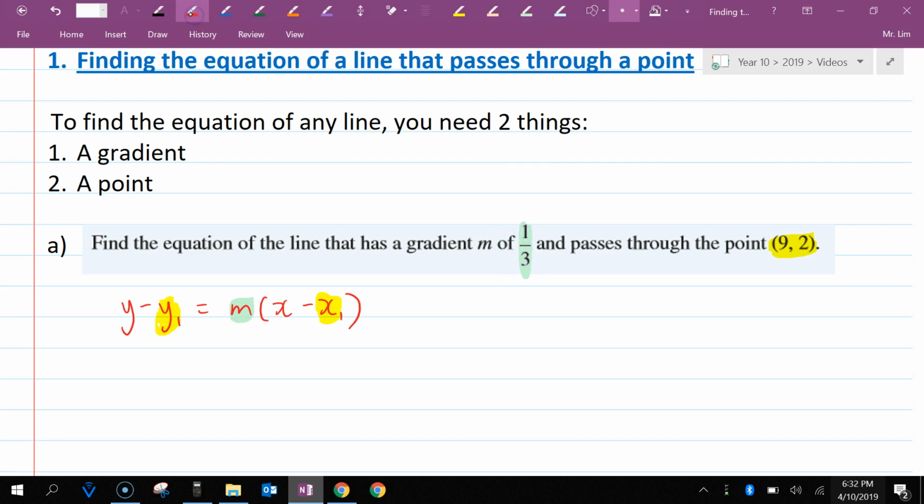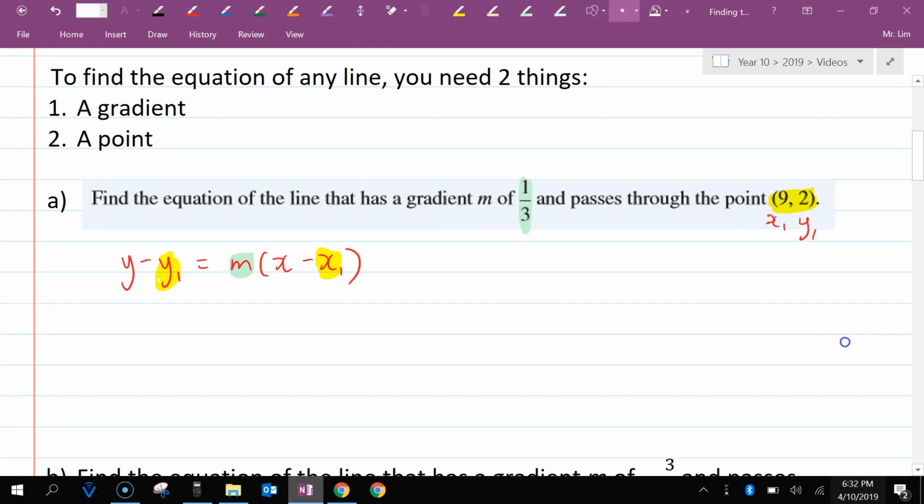So I'm just going to label this point x1 and y1 and substitute that into this formula. So we have y minus y1, in this case y1 is 2, is equal to m, the gradient is 1/3, bracket x minus x1, which in this case x1 is 9.